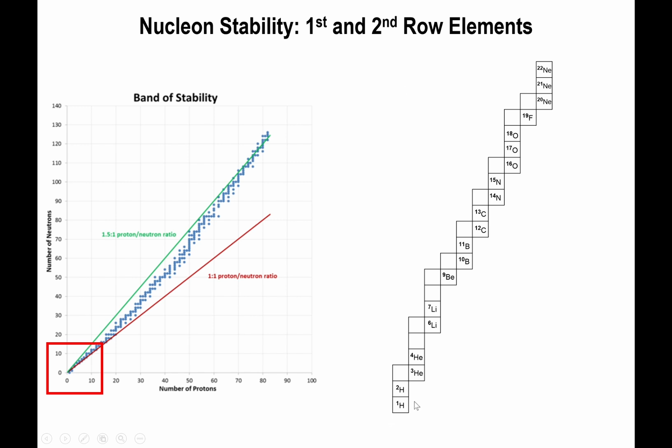And going from left to right, you're increasing the atomic number: hydrogen, helium, lithium, beryllium, boron, carbon, nitrogen, oxygen, fluorine, neon, and so on. The isotopes present in this chart are the stable isotopes. Anything that has an empty box is considered radioactive, unstable in other words.